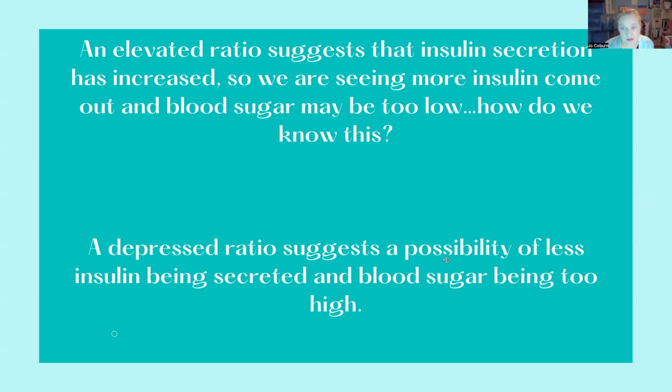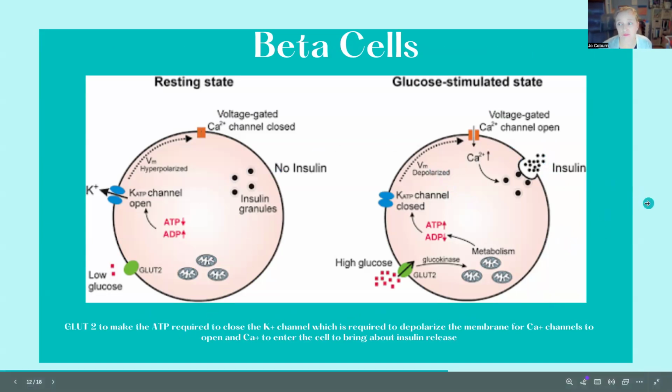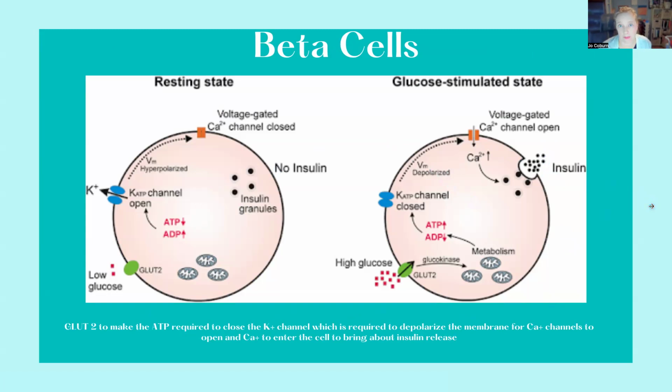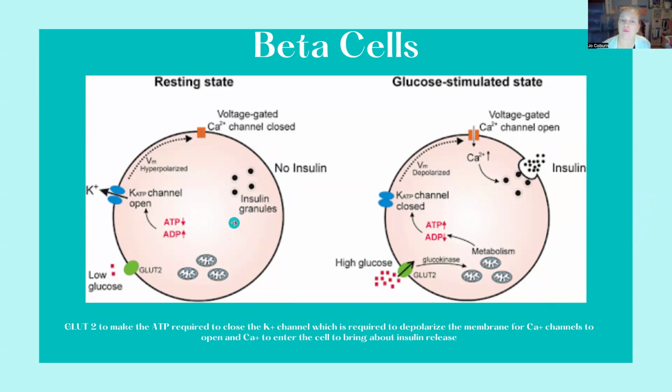A depressed ratio suggests a possibility of less insulin being secreted and blood sugars running too high. You know how that would look? So I'm looking at the beta cells here, and in a type 1 diabetic, the beta cells are either not functioning or destroyed.